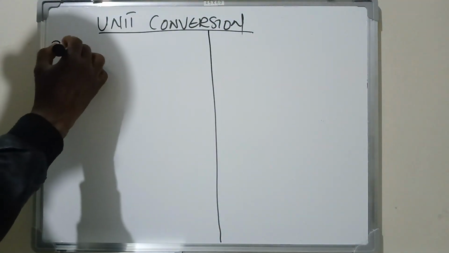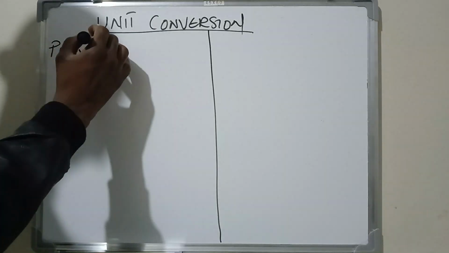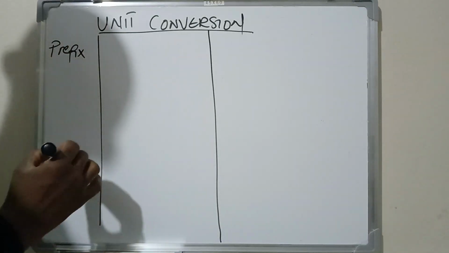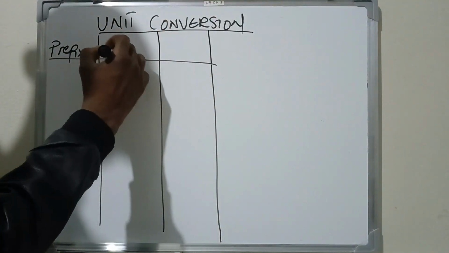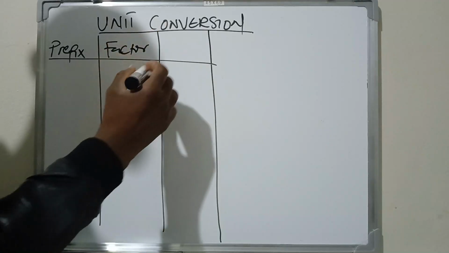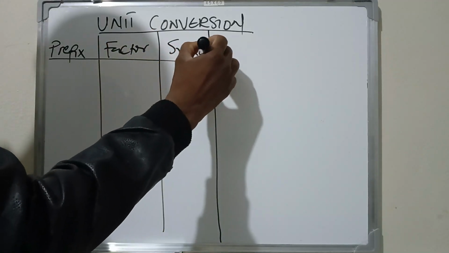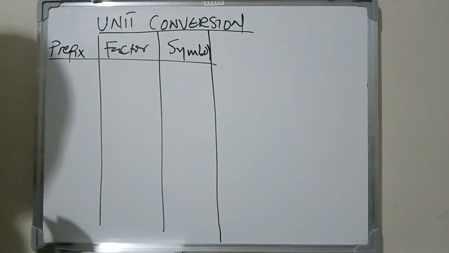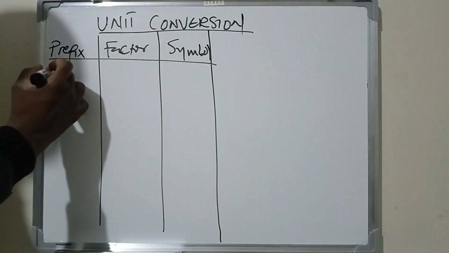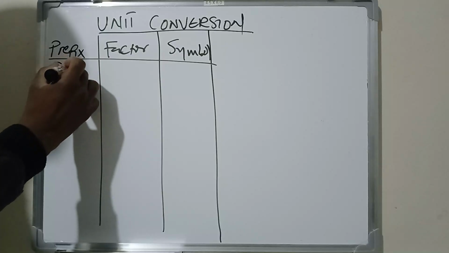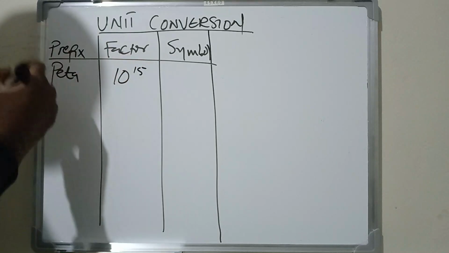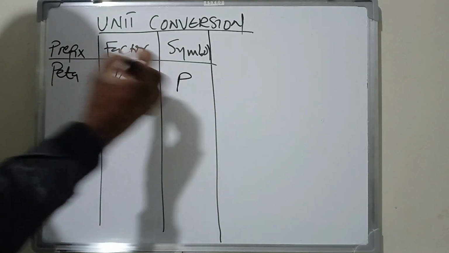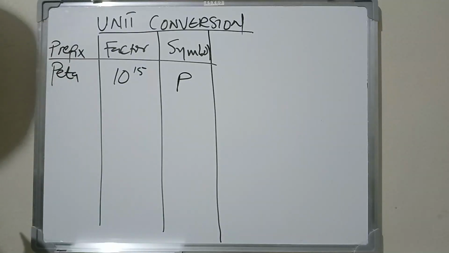So we have got the prefix, the factor, and the symbol. For example, peta is times 10 to the power 15, and it's written as capital P.